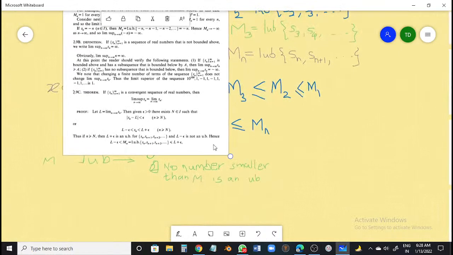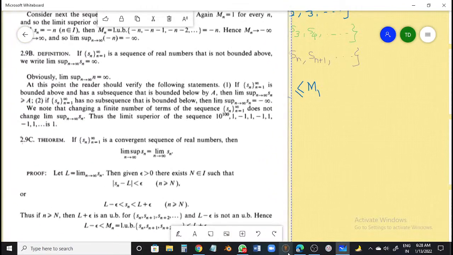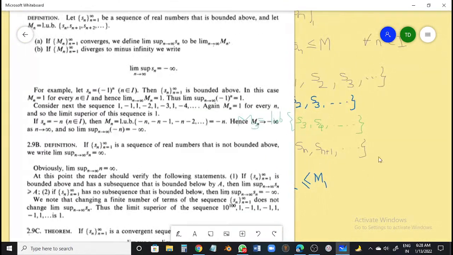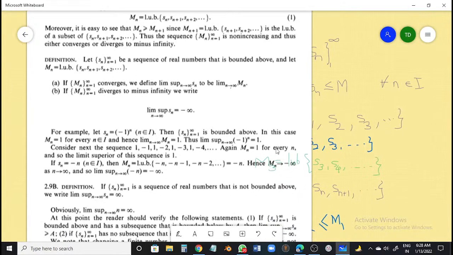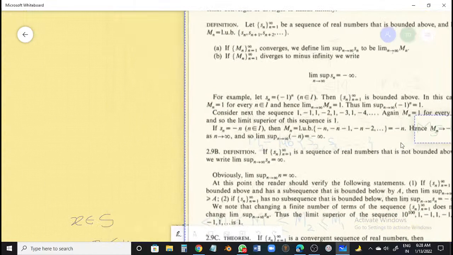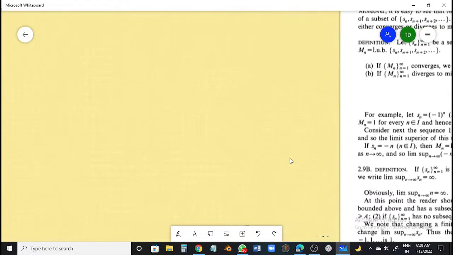Let us deal with this particular example, that will make it more clear. You can see the example of minus 1 raised to n. Minus 1 raised to n is a bounded sequence, we know. It lies between minus 1 and plus 1. So let us have this as an example. Manually let us write it over here.